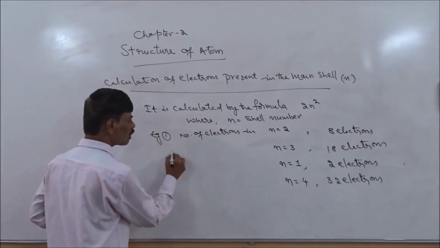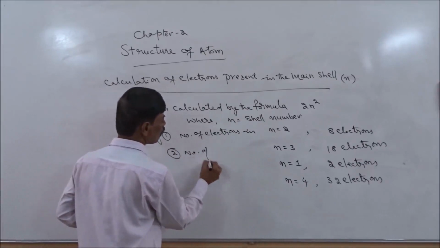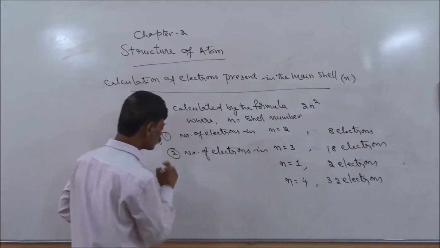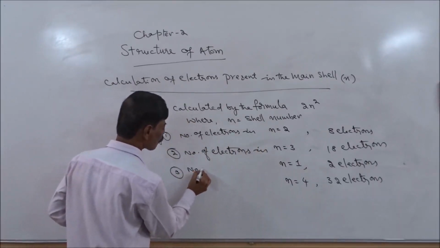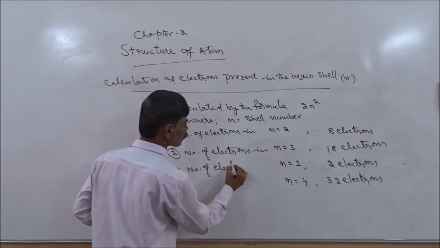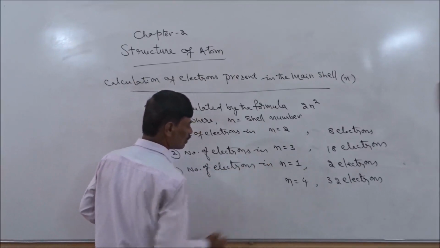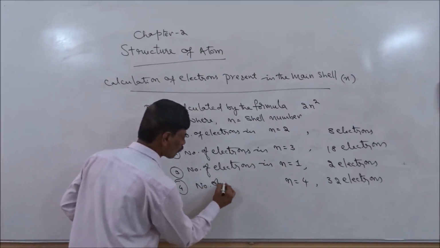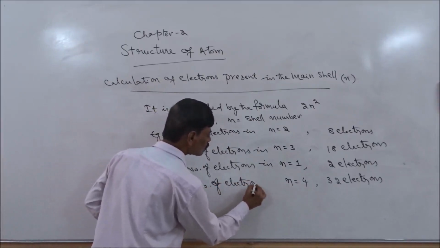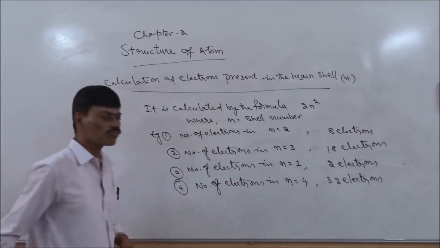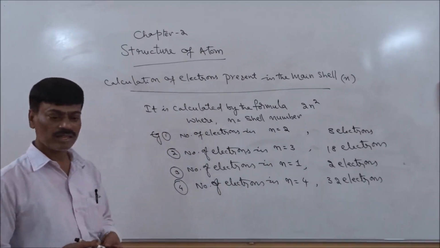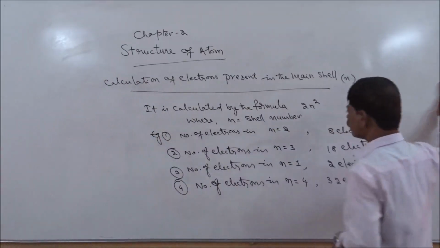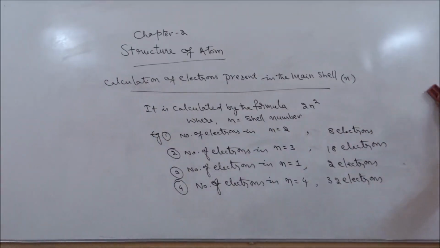So this is example 2, number of electrons in n is equal to 3. Example 3, number of electrons in n is equal to 1. In the last example, number of electrons in n is equal to 4. In this way it is calculated. That's about calculation part of number of electrons in the case of different main shells.